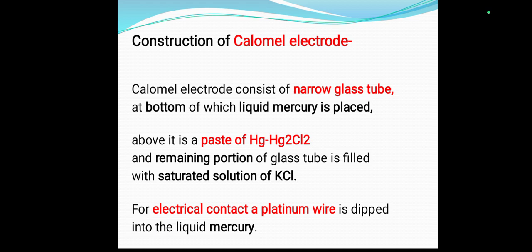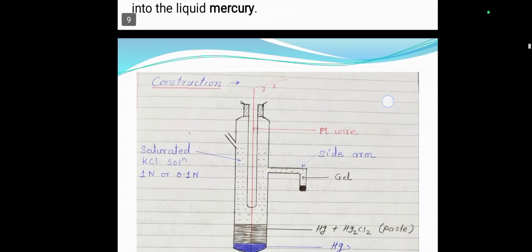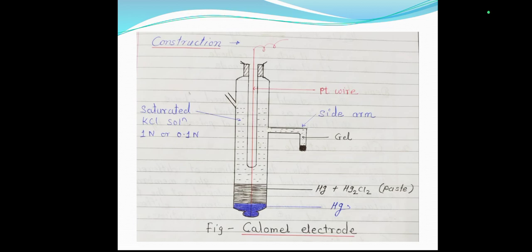Now this construction, you have to write by taking help of the diagram. It totally depends on the type of question. Most of the time in questions they ask: define reference electrode, give the diagram of Calomel electrode along with representation. In that case you are supposed to draw the diagram only.